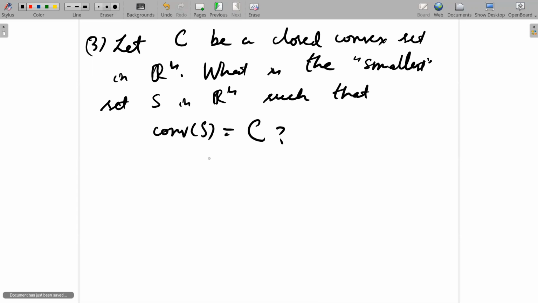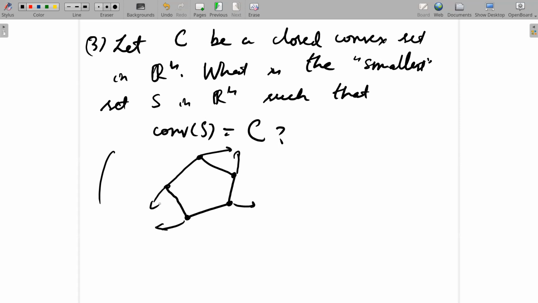Perhaps, like I said, it might spill over to next week, but this is something which we'll try to understand. Given a convex set, what is the smallest generating set? Generating in what sense? In the sense of convex combinations. And I can give you the answer right now. If, let's say, we are in 2 dimensions and you have this pentagon, then these 5 points, the vertices: the convex hull of the set of vertices is equal to this pentagon.